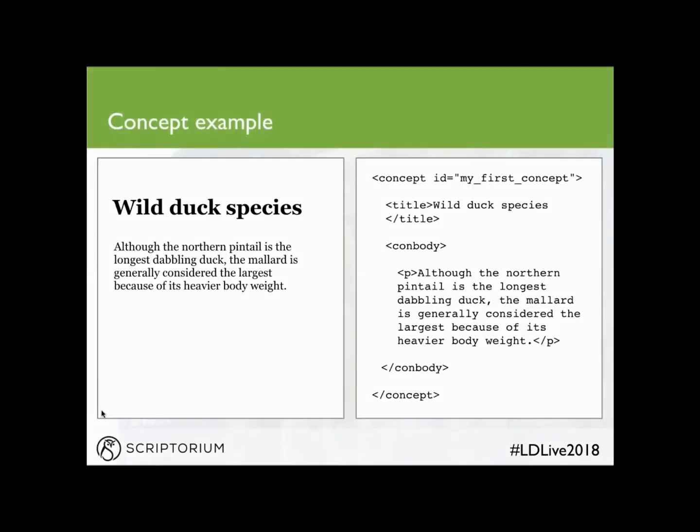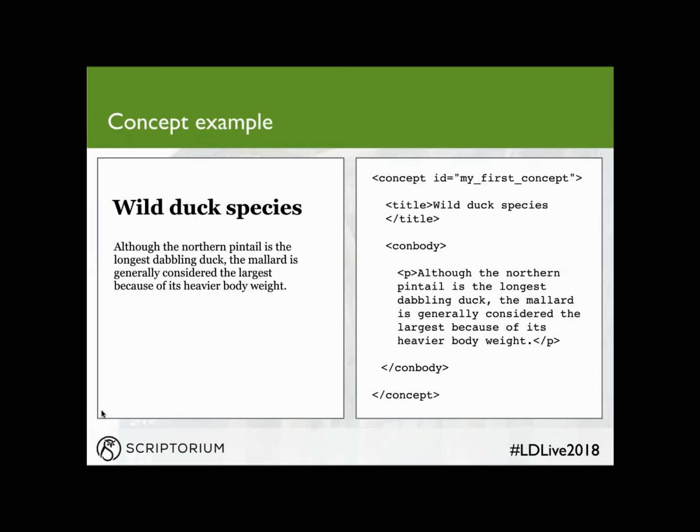So here's an example of a concept topic, and this is actually the exact same information that we just saw in that generic topic type, but it's now presented in a concept. If you look at the tagged content over on the right, we have the concept element containing the entire topic. Then we have the title element as we did before, and then we have the conbody element containing that paragraph of information.